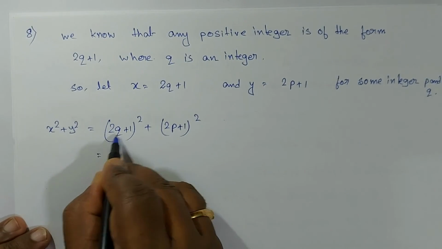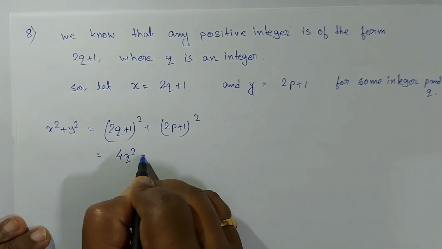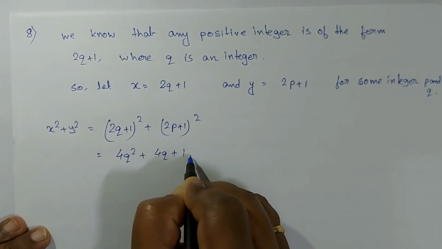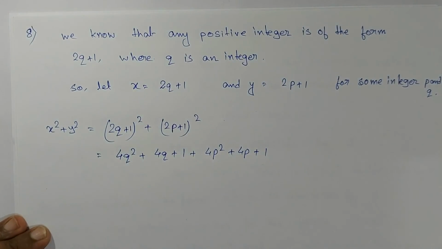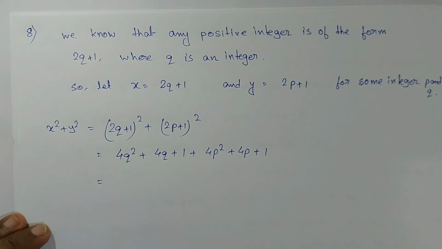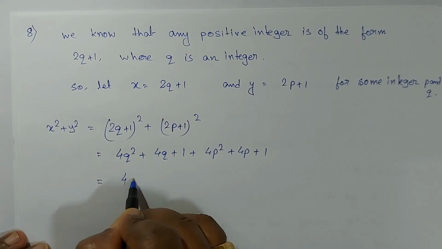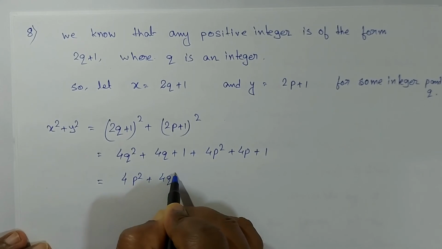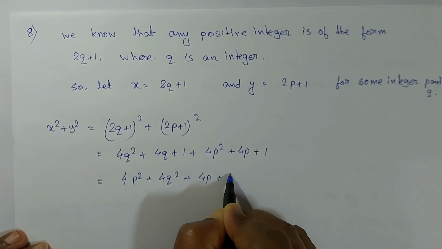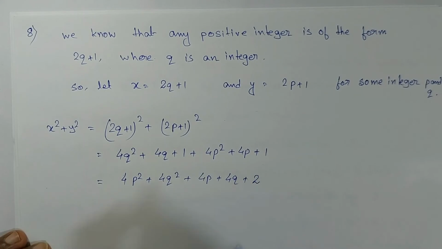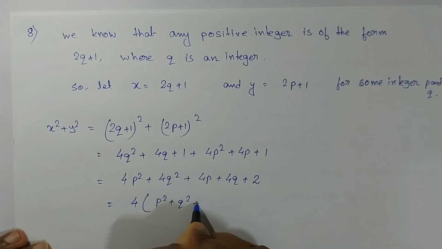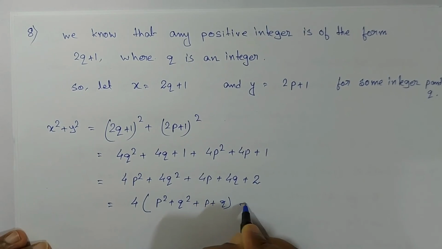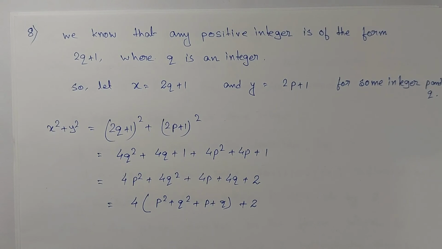So this is equal to 4q square plus 4q plus 1 plus 4p square plus 4p plus 1. So this is equal to 4p square plus 4q square plus 4p plus 4q plus 2, which is 4 into p square plus q square plus p plus q, plus 2. Okay.